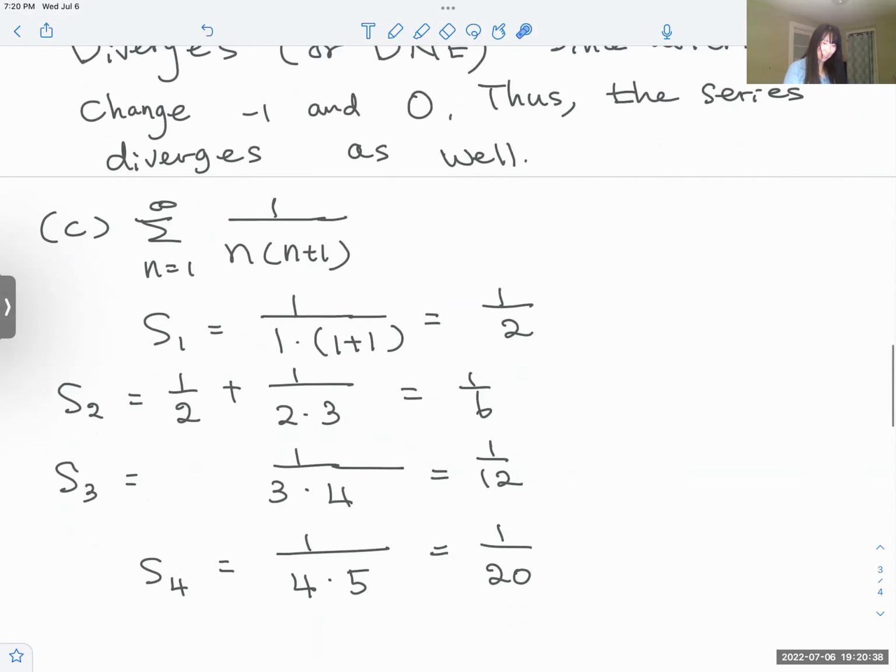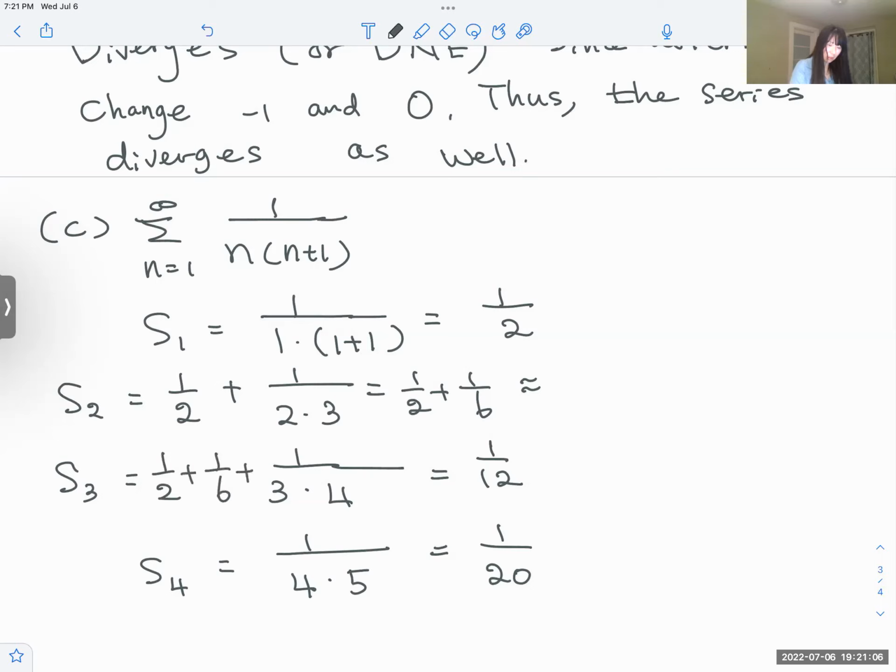Okay, then I need a little bit of cheating. 1/2, then we get 1/2 there, plus 1 over 6, right? Now, can you please calculate? So I can do it like this.